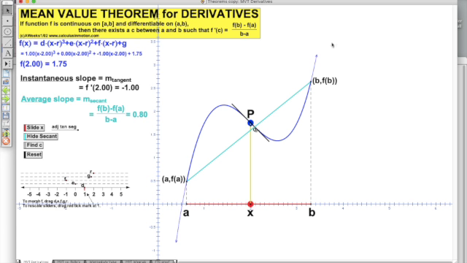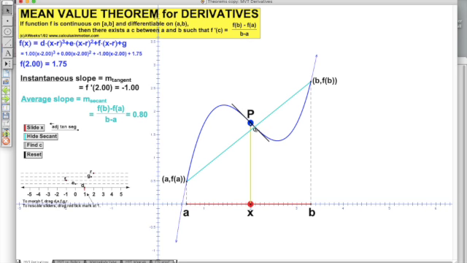And that makes so much sense, because this is the average rate of change between these two points, and in between we're above it, we're below it, but eventually at some point we have to be equal to that average rate of change because the function is continuous. If the function isn't continuous, then it doesn't really apply. But because it is, the average has to eventually equal the instantaneous, and this is so unbelievably cool.